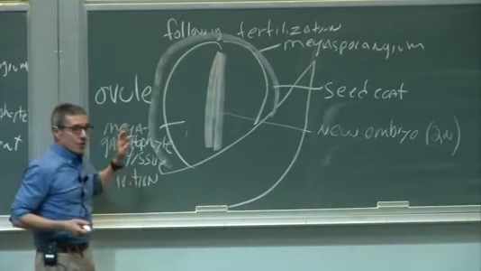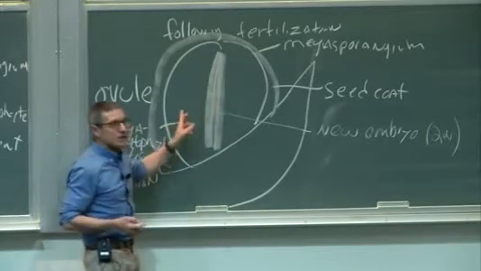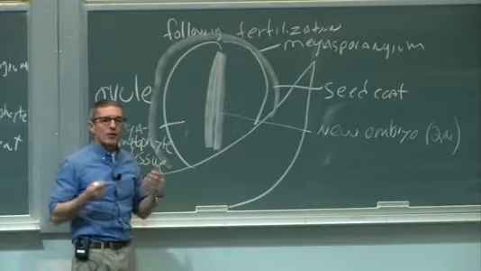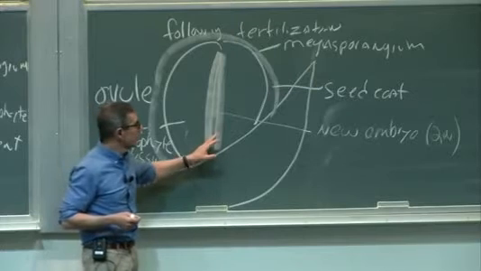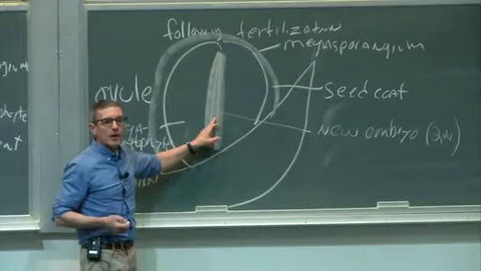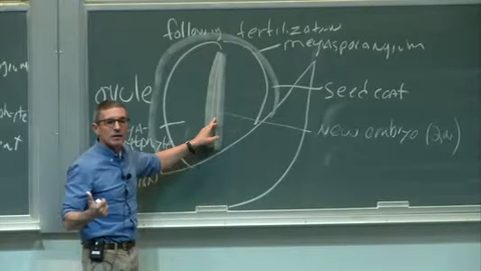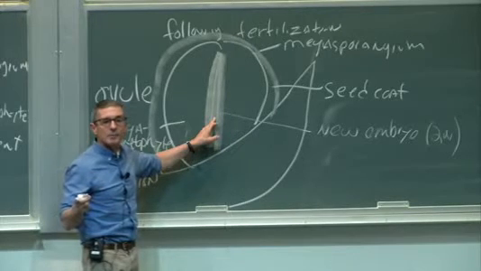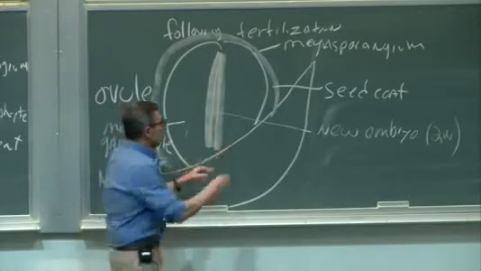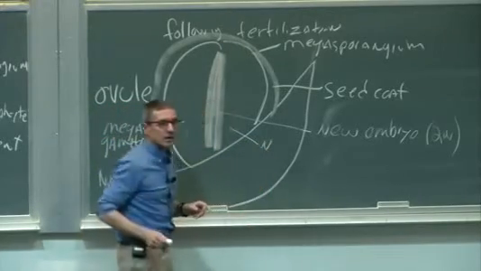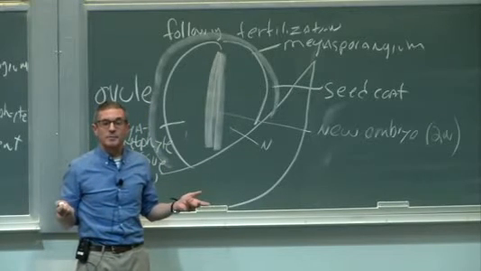So the important point for you to understand is that within the seed, we have now 3 different types, and this is an important point, 3 different types of genetic material. We have the new embryo. It gets 1 N from the dad, 1 N from the mom. This is an important point. We have the megagametophyte tissue. It's only N. All its genetic material comes from the mom.